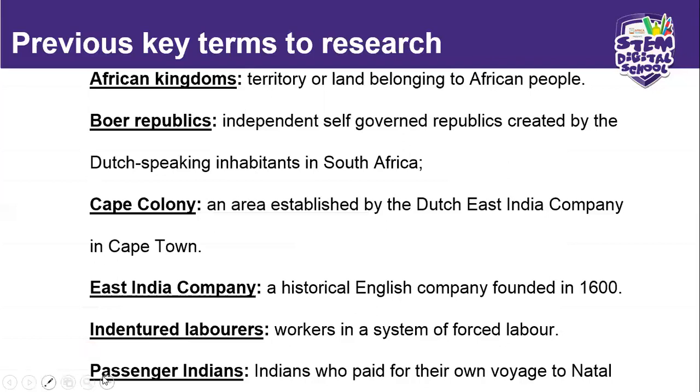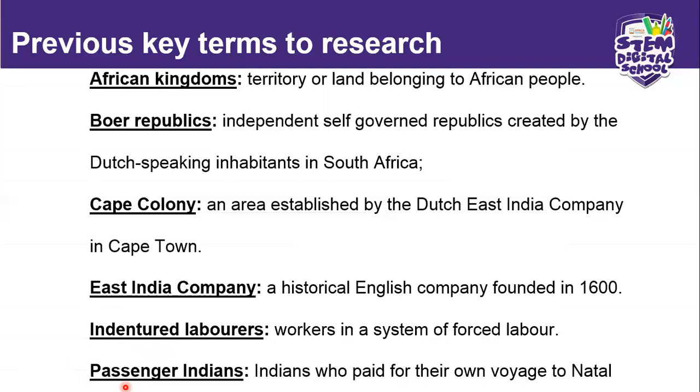And then there were passenger Indians. Remember, there were Indians who were coming from India to Natal. Others were indentured laborers, other Indians. And then there were passenger Indians. These Indians are the ones who paid for their own voyage to Natal.